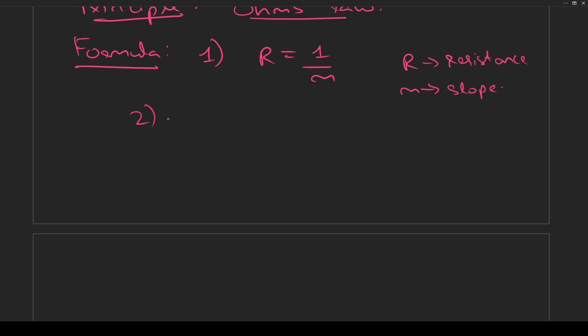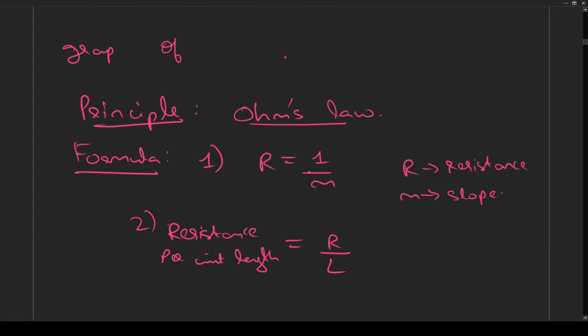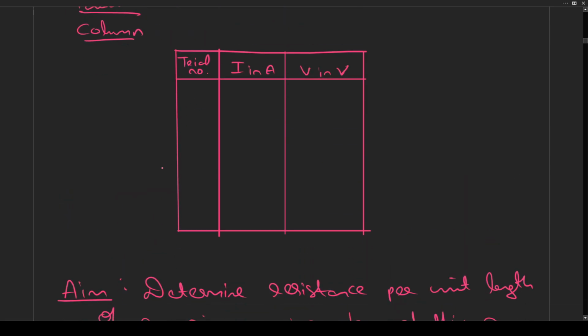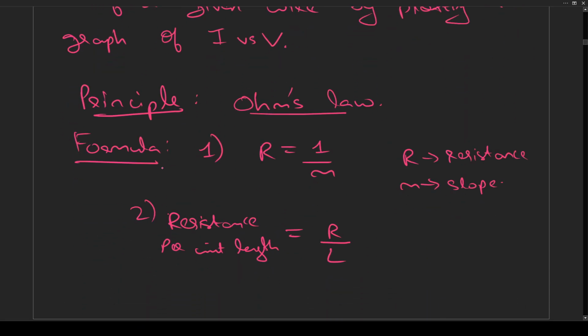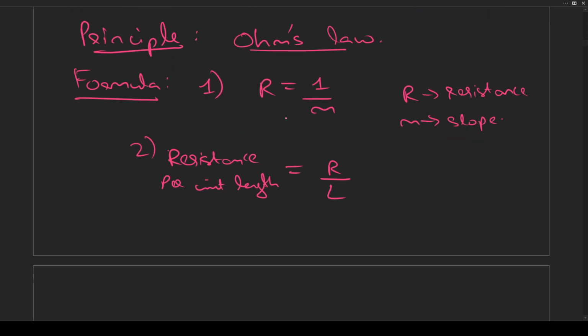Next, the formula for resistance per unit length, as the name implies, R by L, where length we find using meter scale. Procedure: we take all the values, we plot the graph, we find the slope, then we substitute the obtained value of resistance in this equation.